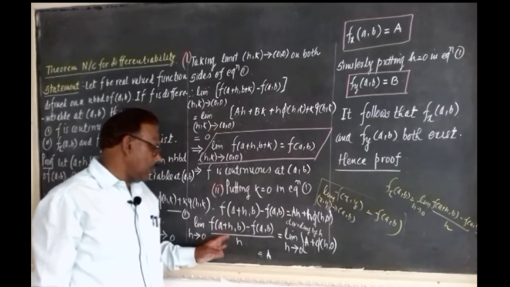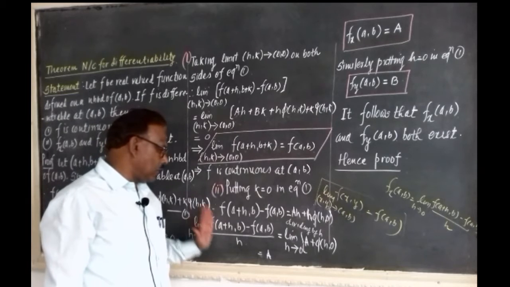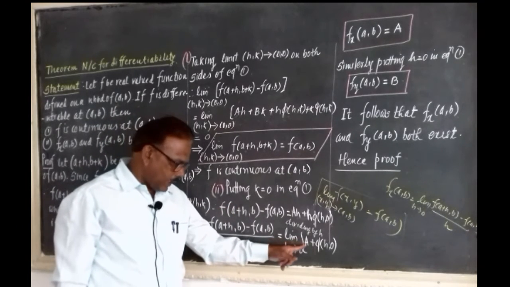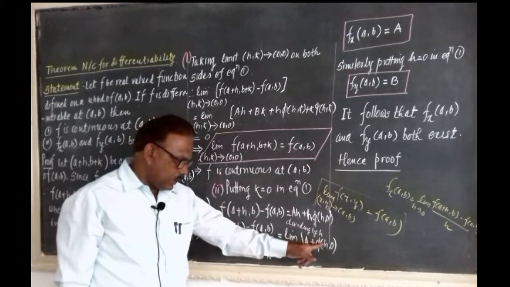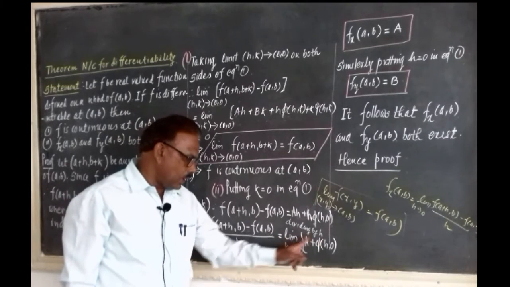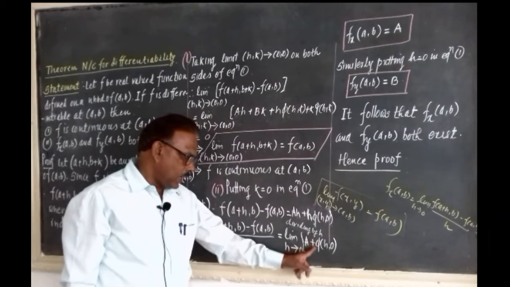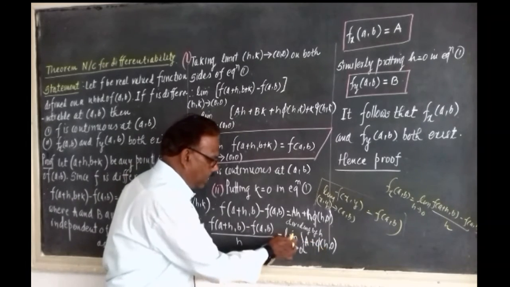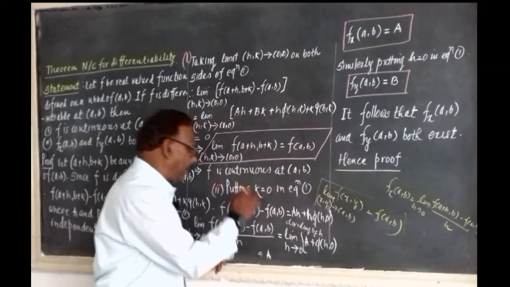The same situation is there. The left hand side is the partial derivative of the function with respect to x at point (a, b). On the right hand side, phi will become 0 as h tends to 0, so there is only a.